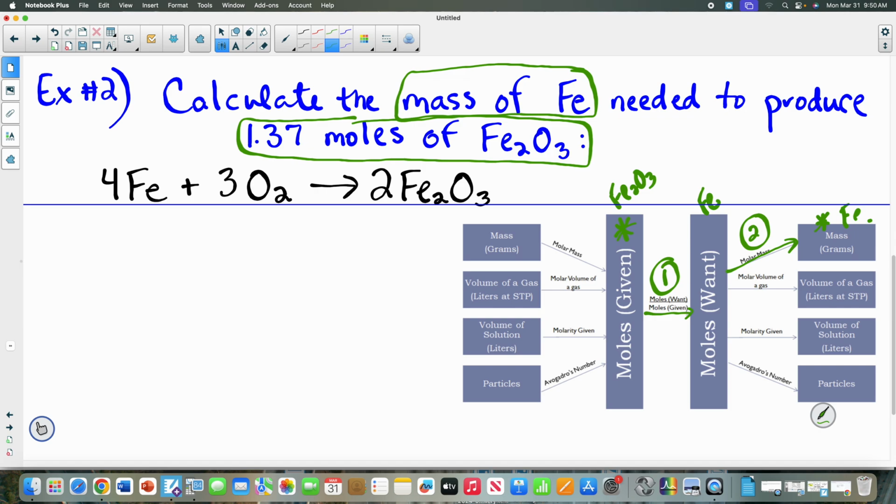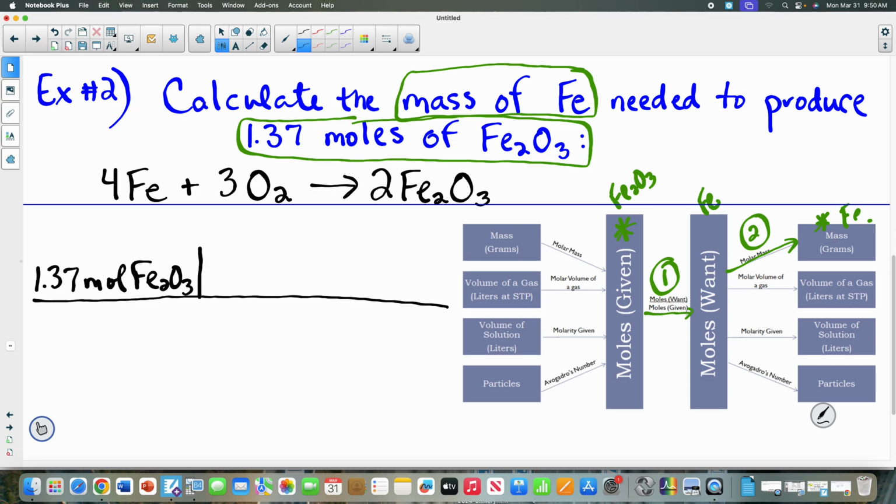So let's set up our train track. We're starting with 1.37 moles Fe2O3. Right, this even tells you how to set up your mole ratio. That's kind of nice, right?